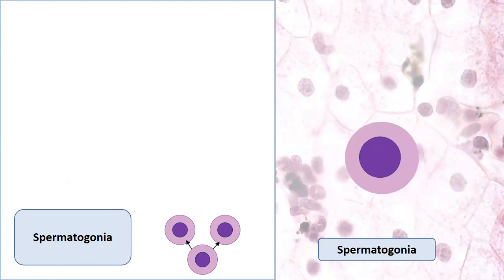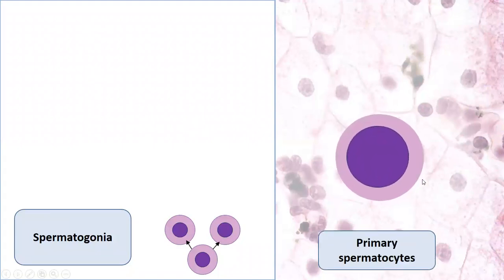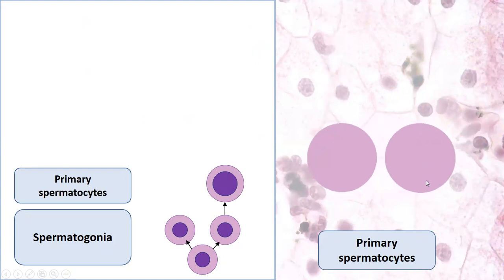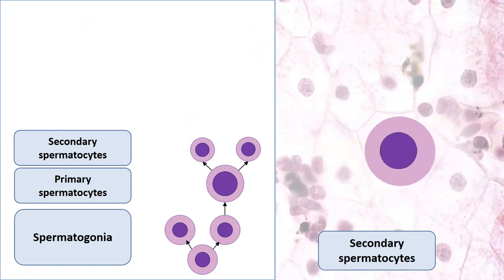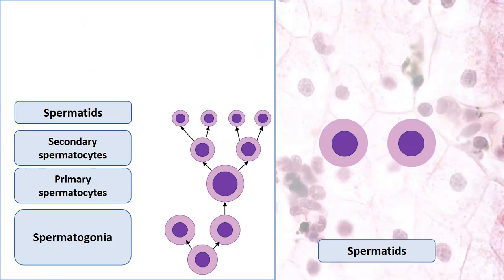After that, the nucleus grows, and also the entire cell grows, and it becomes a primary spermatocyte. Primary spermatocytes enter the first division of meiosis, and it results in the formation of two secondary spermatocytes. Here we can see them. The secondary spermatocyte enters the second division of meiosis, and it results in the formation of spermatids. Here we can see them.